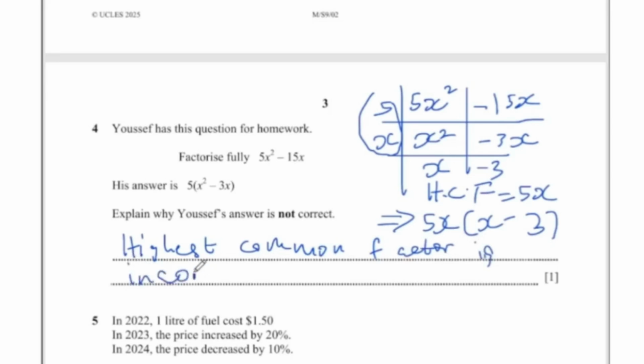This is just one way of stating this. The highest common factor is incorrect because in this case, the highest common factor is 5x and not x. So this is not the correct expression. When you are factorizing an expression, the idea is to get the highest common factor outside of the bracket.